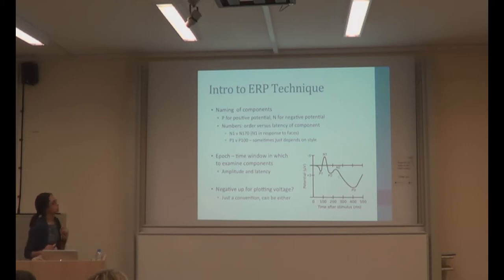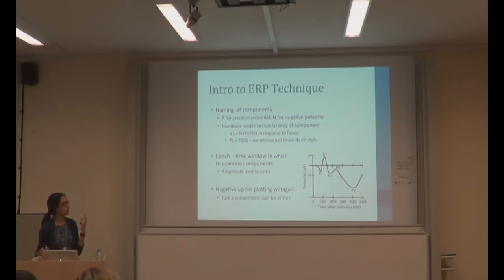An epoch is the time window in which to examine components of ERP, and this graph here is an ERP recorded at a particular electrode, and for peak detection, which is the kind of analysis I'll be using, we're interested in the amplitude and the latency of every component. Often you'll see graphs where voltage is plotted negative up, and I've looked into it.